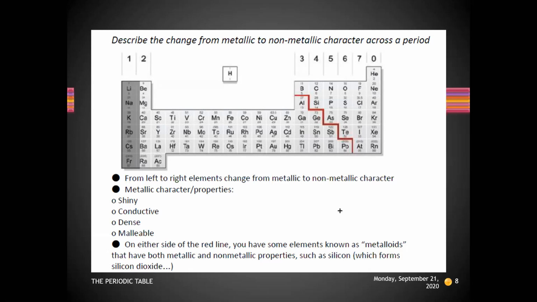As we go down the group, you have to learn the periodic trends. So, the periodic trend of group 1, the alkali metals.